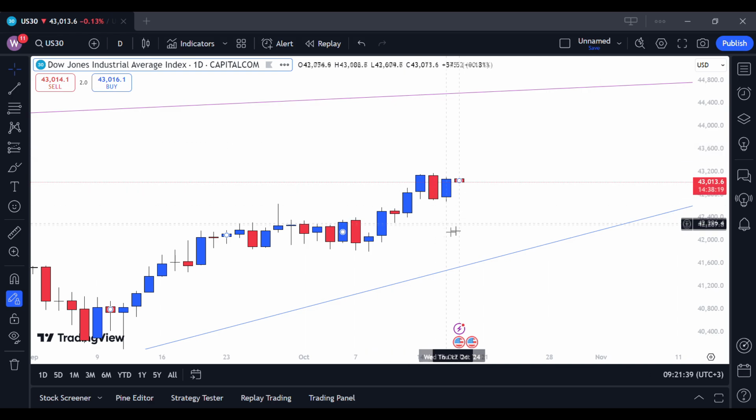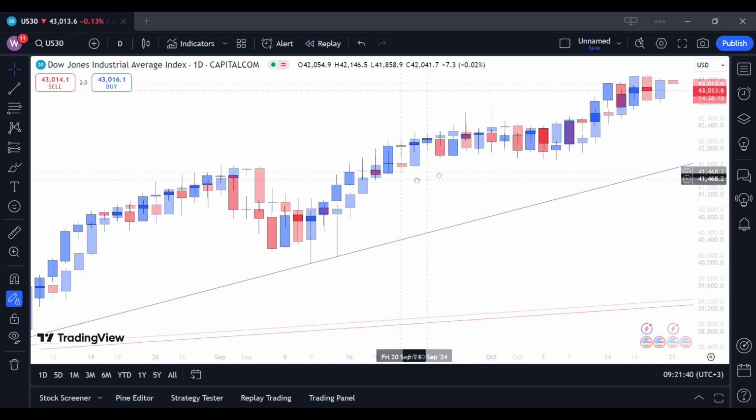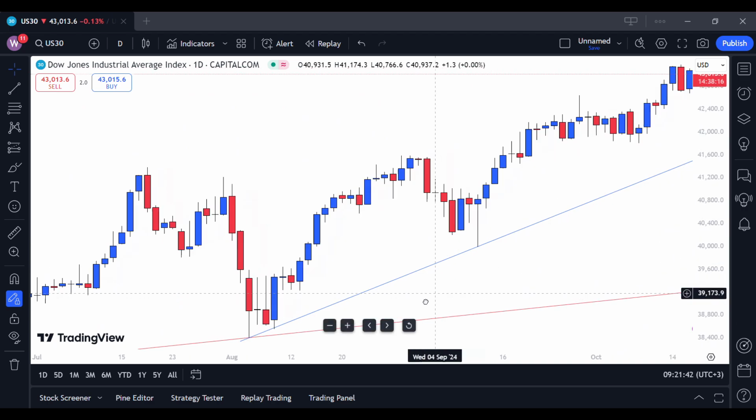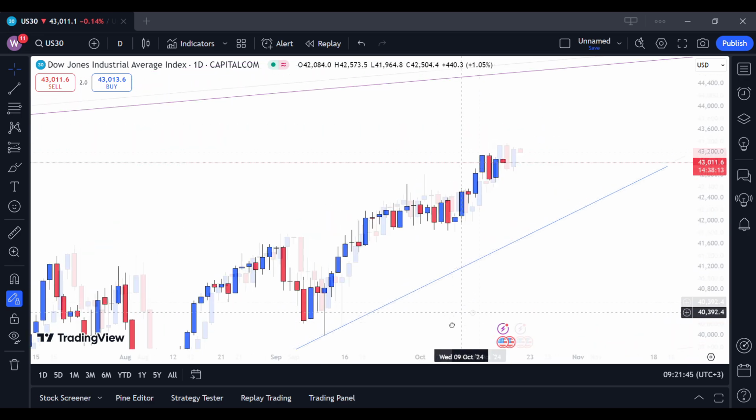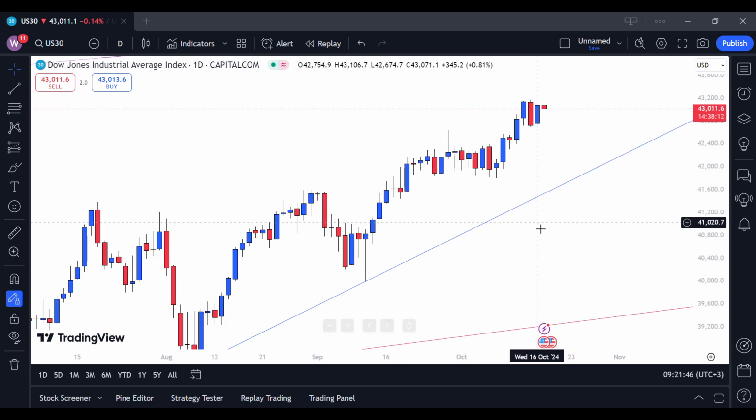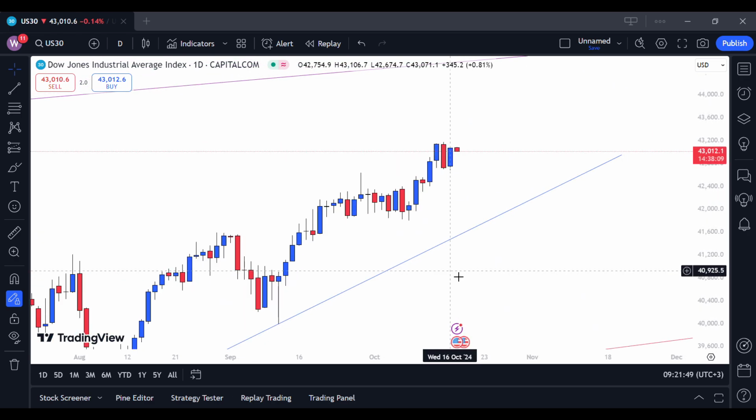I hope you guys can see. It broke below the low, though it didn't close below it, and it closed well inside the previous day. I can't say that it won't break today. We hope it does, because I'm very bullish on the US30, man.